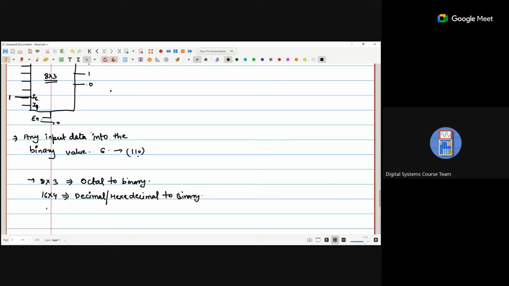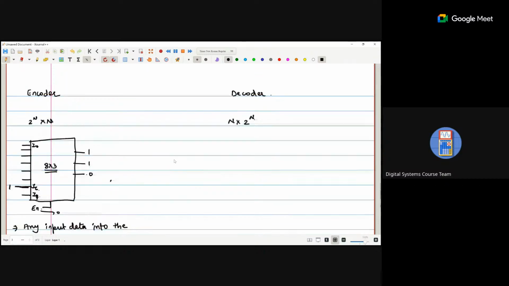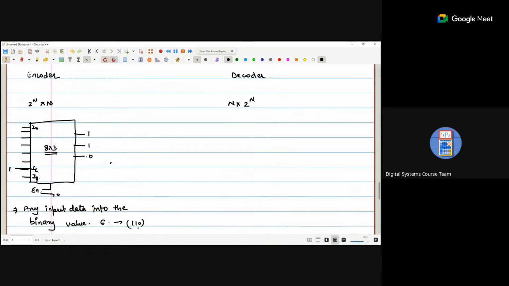Okay, if we have 10 cross 4, basically 10 cross 4 is not possible directly, but we convert a 16 cross 4 into 10 cross 4. Then it is called BCD to binary. Okay. Now the decoder is just opposite to this one.